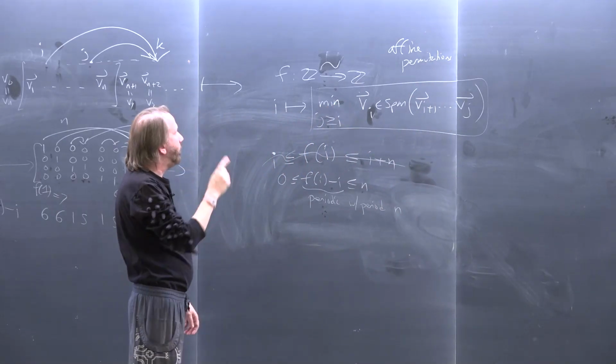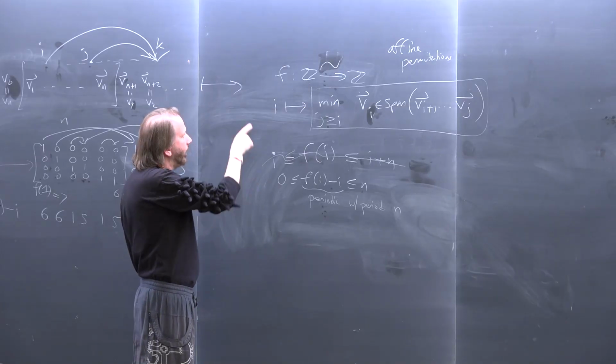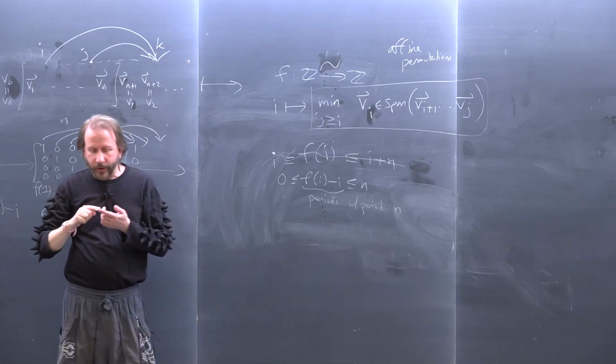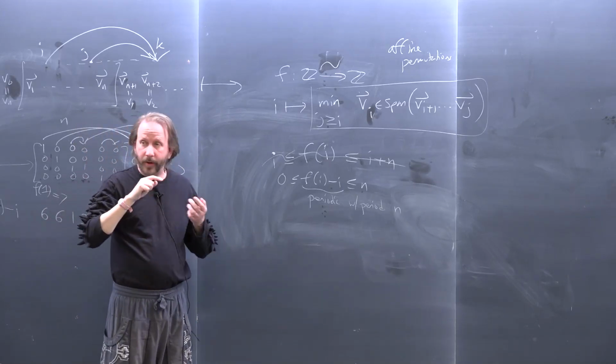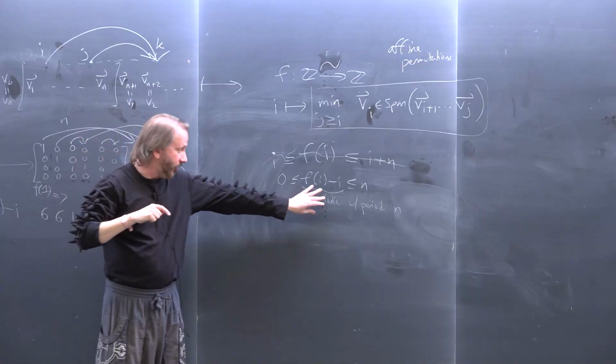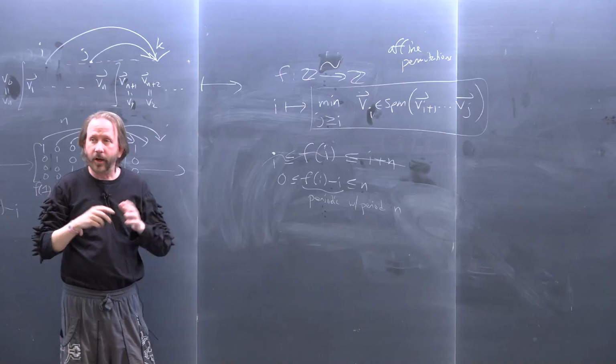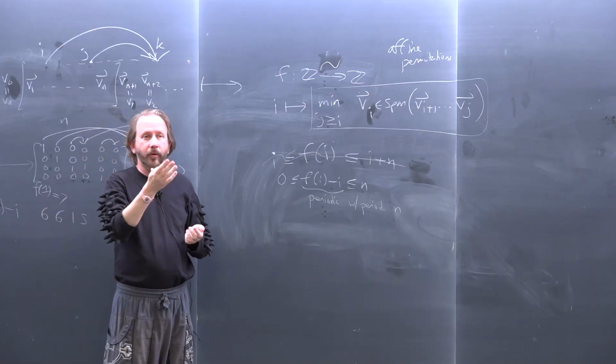But we've got more than just the periodicity and the bijectiveness. If you said I'm just interested in being periodic, f of i minus i is periodic, and my permutation is an actual permutation of the integers, there's a group of those, right?